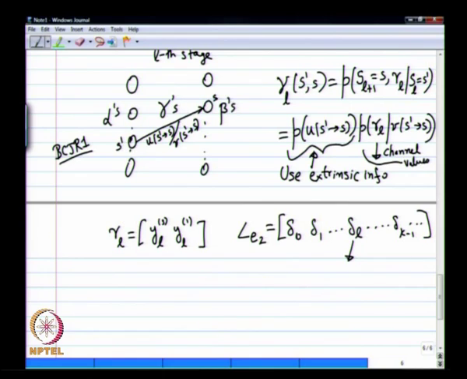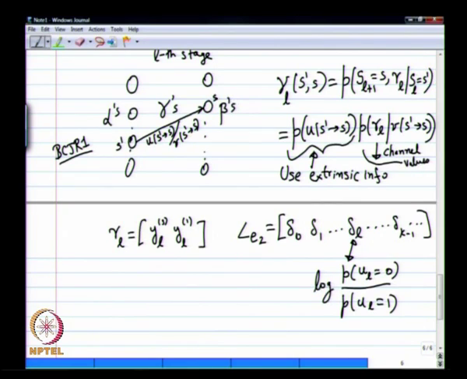And how should we think of this? This is basically the log of a ratio: the probability that UL equals 0 divided by the probability that UL equals 1.